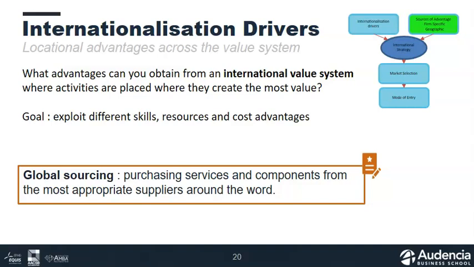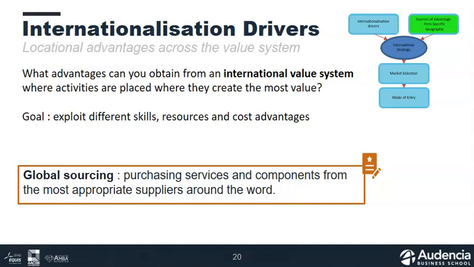Global sourcing is an example of this, where we're purchasing services and components from the most appropriate suppliers around the world. If I can choose where I get inputs from, I'm going to go to the country that makes the highest quality, maybe the highest quality for the lowest price inputs.